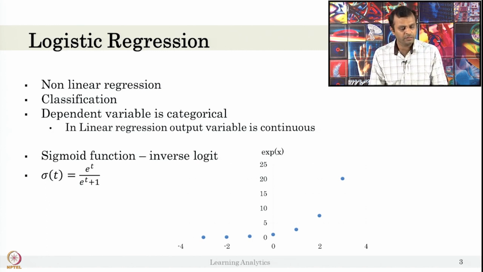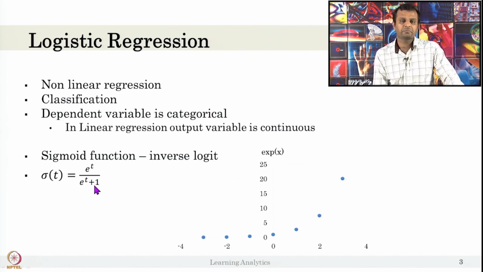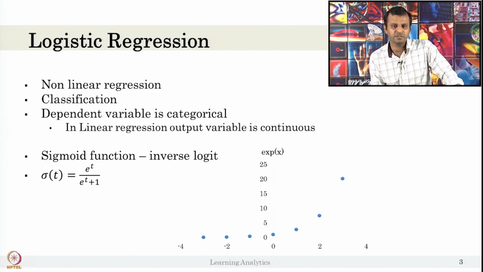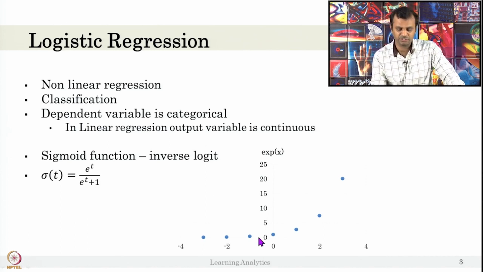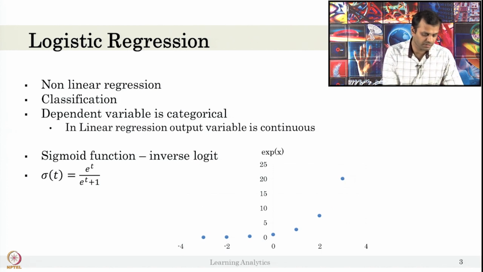Basically, logistic regression is a sigmoid function. What is the sigmoid function? It is exponential of t divided by 1 plus exponential of t. What is the exponential function? This is just plotted to show what the exponential function looks like. It is not really needed because everybody knows what it looks like, right.